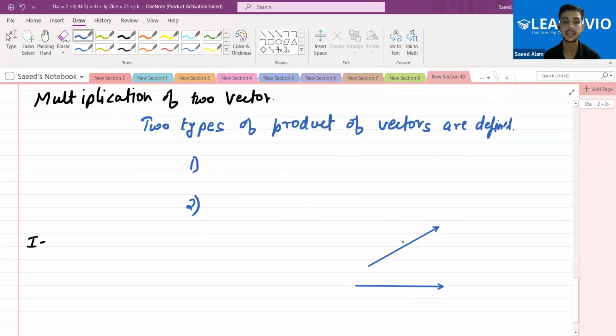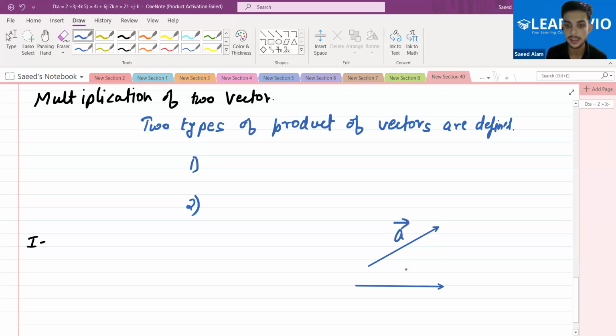In the previous question, we were defining it analytically, using terms to define the vector. Here, first of all, I'm defining the multiplication of the vector by the graphical method. Then we'll see how to multiply the vectors when they are given in analytical form.